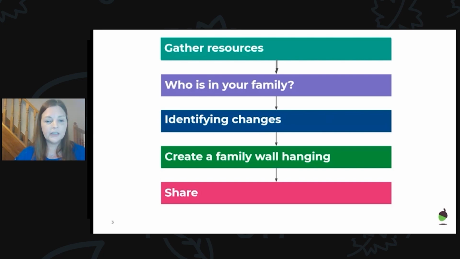Then we'll look at some pictures and identify some changes that have happened in a family. Next, we'll create our family wall hanging. We'll make a picture of your family right now so that in the future you could look back and see how your family has changed over time. And then finally, you'll get to share your creation with your family at home and maybe with your friends.